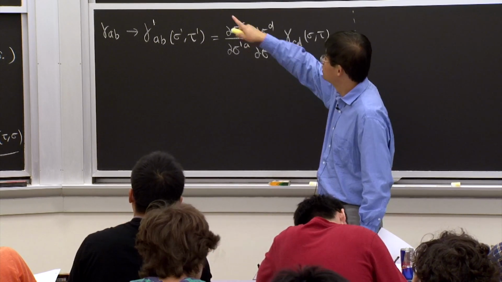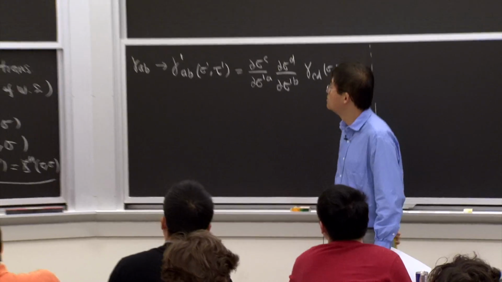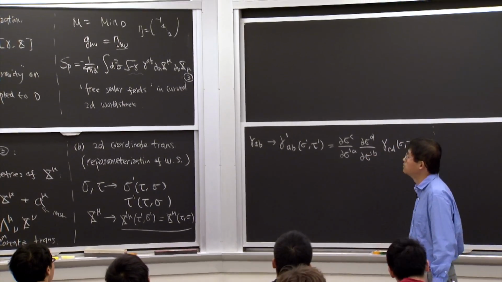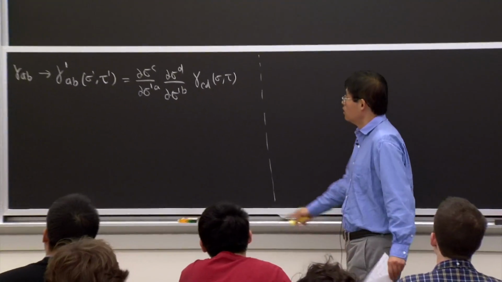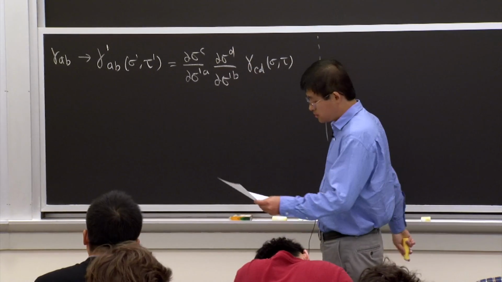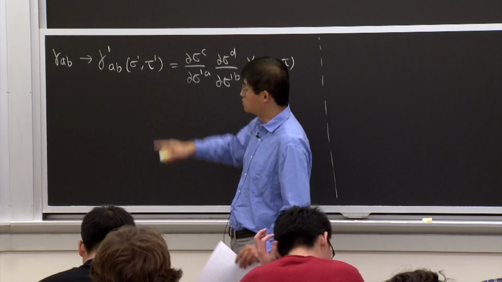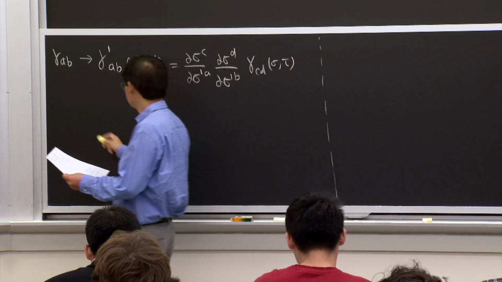No, x is real here. This is our full action, and x is real. I will not show this is invariant. This is just essentially by construction. You should check it yourself if you are not convinced.